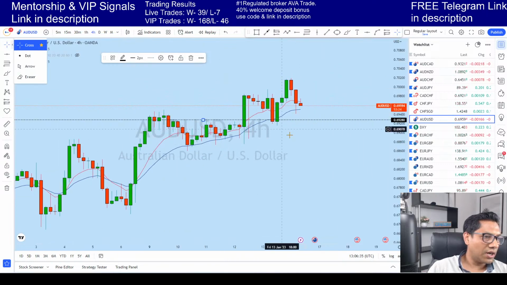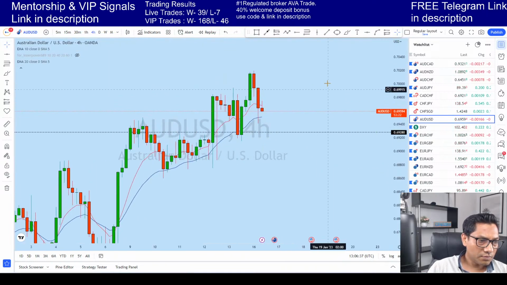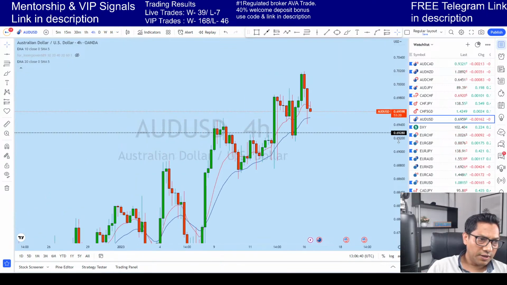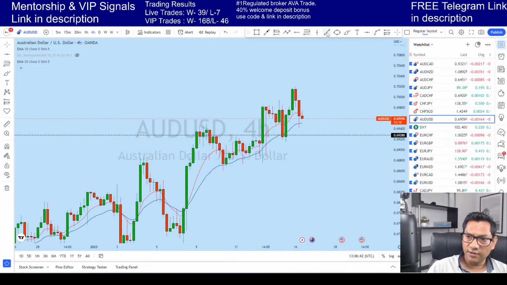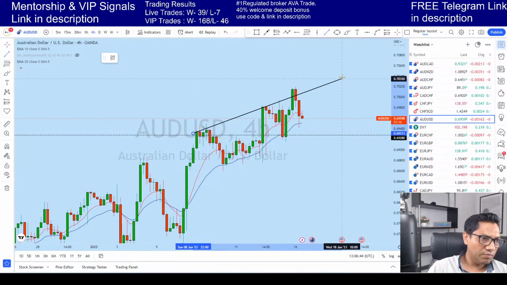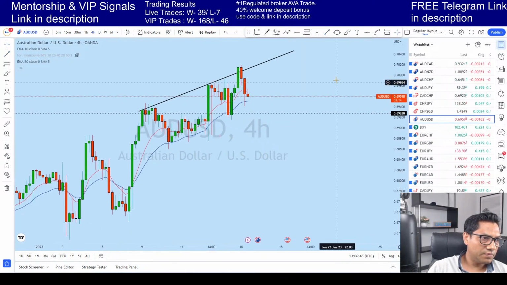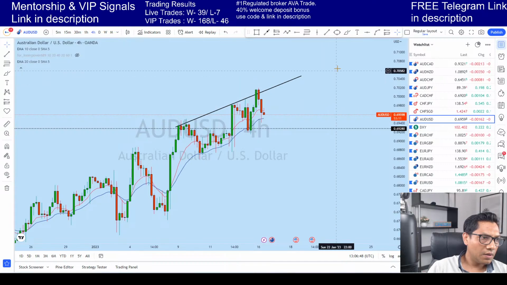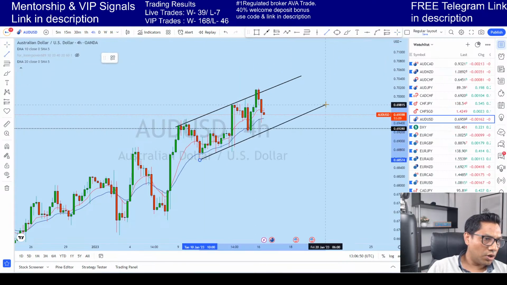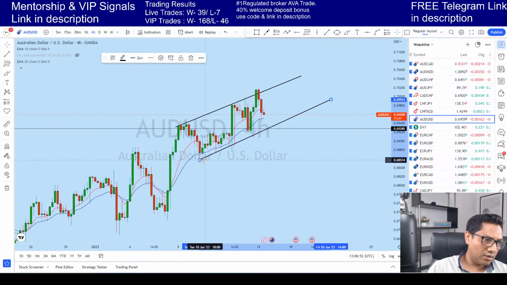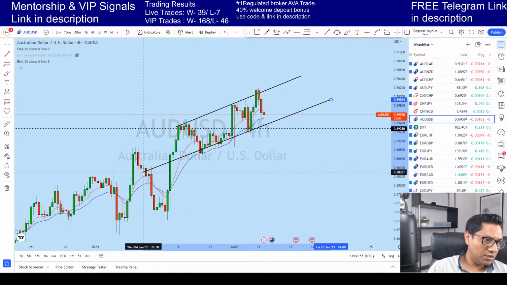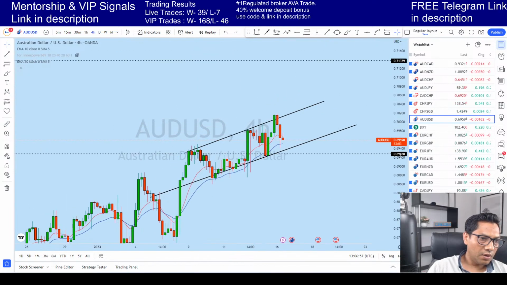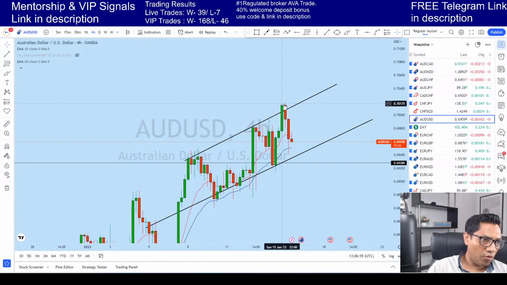On the lower time frame, like all other instruments, AUD USD, in the same way as GBP USD, is moving in this channel. Now one thing to note down, guys, on AUD USD, like with GBP USD, is that when you see this kind of overextension, this is a false breakout.